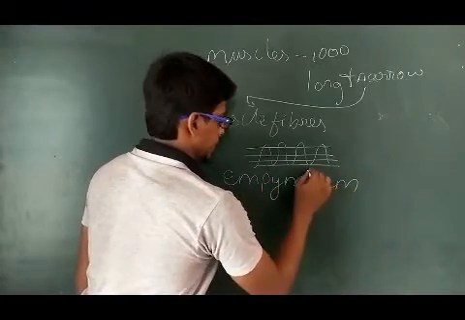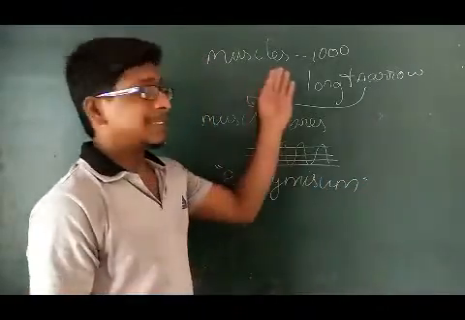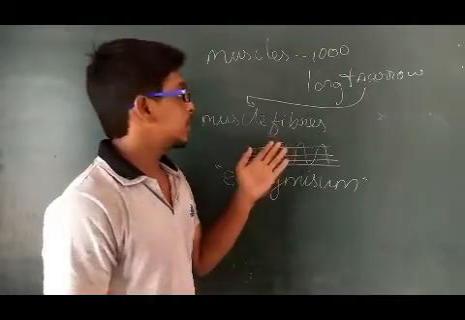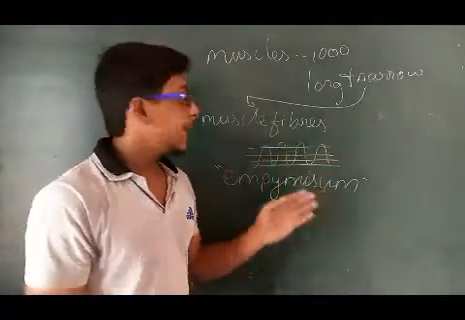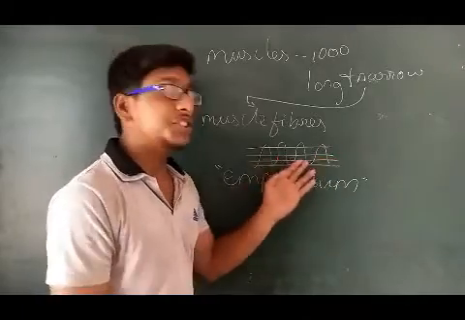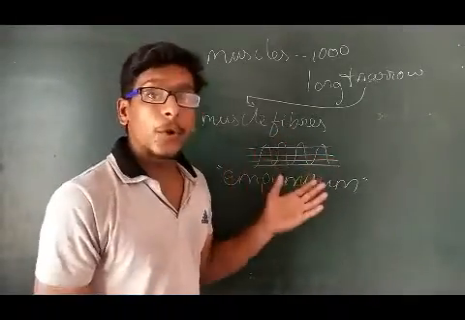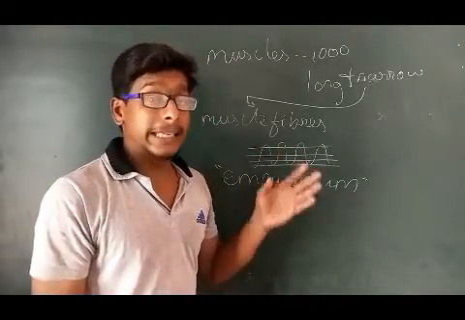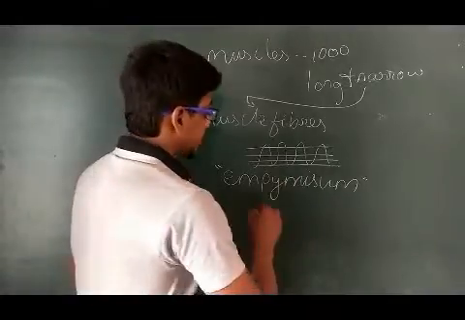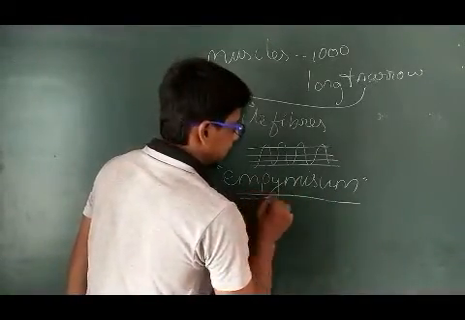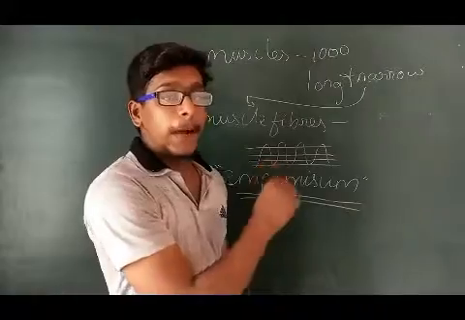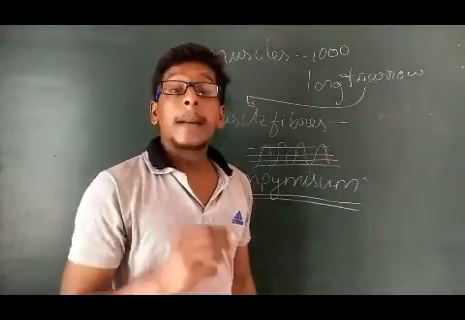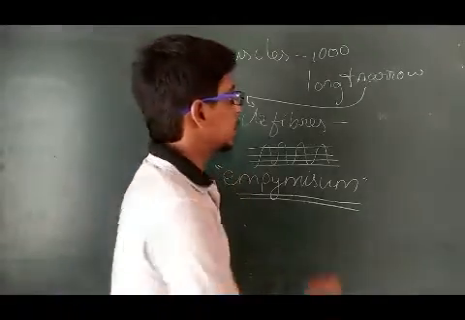These muscle fibers are arranged in a bundle and covered with a tough layer of connective tissue called epimysium. Every muscle fiber is made up of a very large number of microscopic threads.